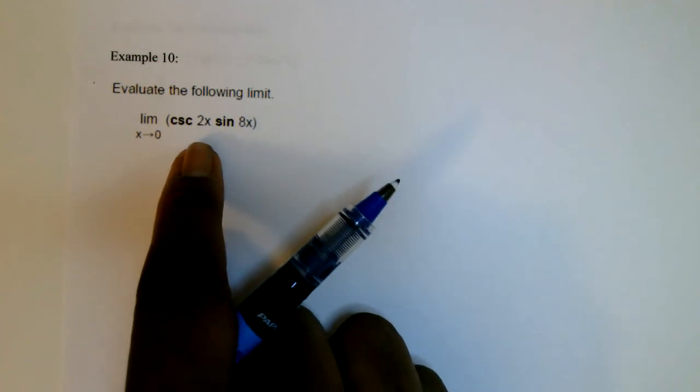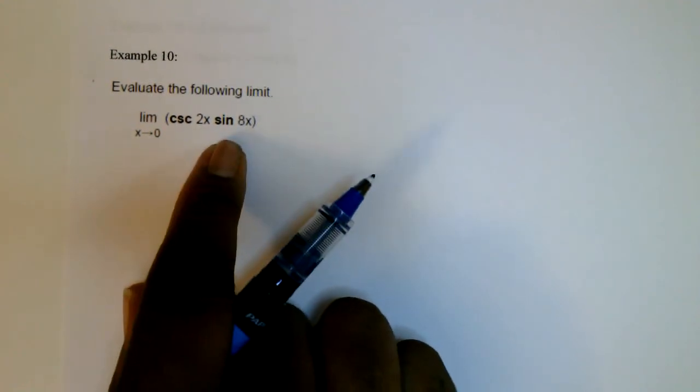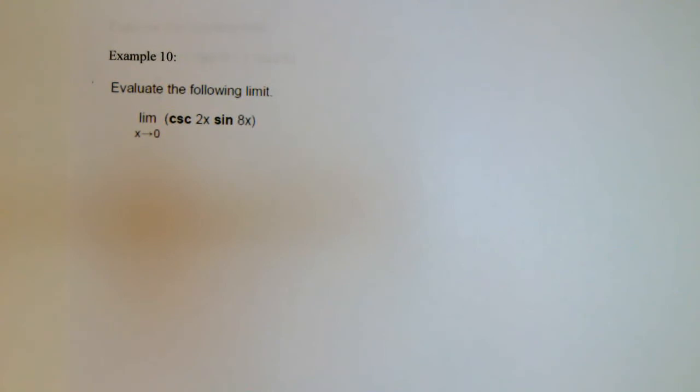The cosecant of 2x is like 1 over the sine of 2x. That's going to go to infinity. Sine of 8x, as we let x approach 0, that's going to be 0. So I do have 0 times infinity, just like I did in the last example.